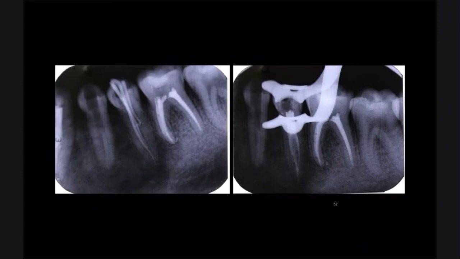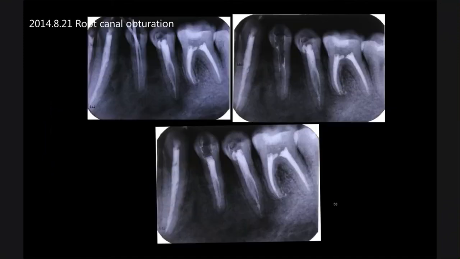And this slide shows the post-operation radiograph of 3-5 and the obturation process of 3-4. We can see 2 canals, 2 pathways.